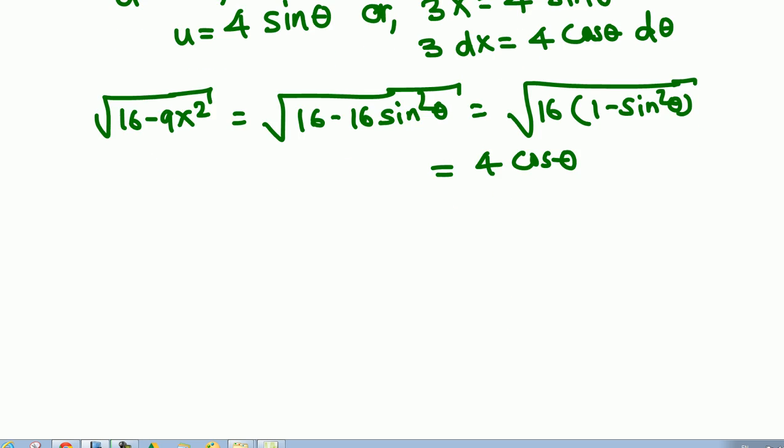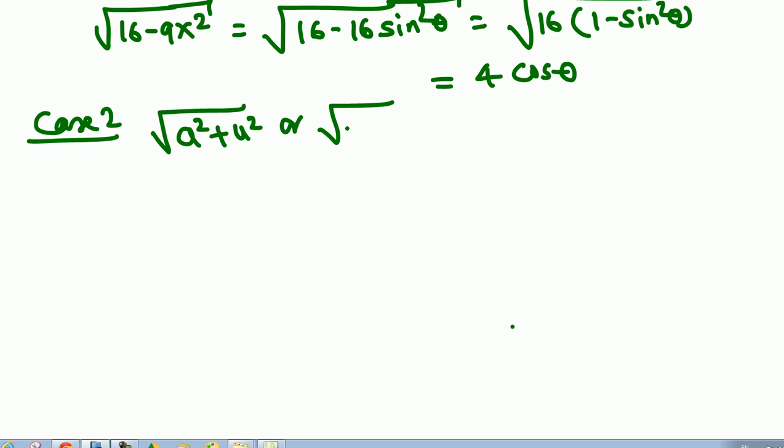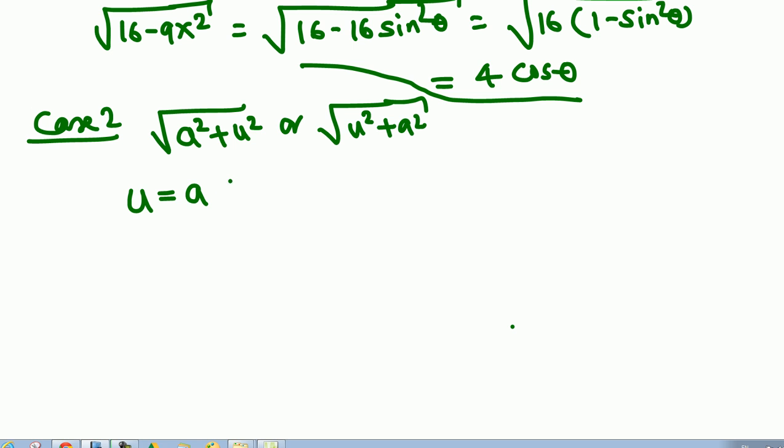Case 2: if the integral involves the root of a squared plus u squared, or u squared plus a squared, then we make the substitution u equals a tangent theta, where theta is strictly greater than negative pi over 2 and less than pi over 2.